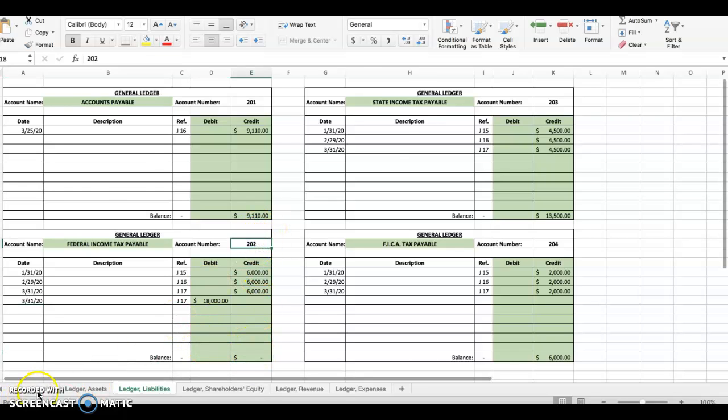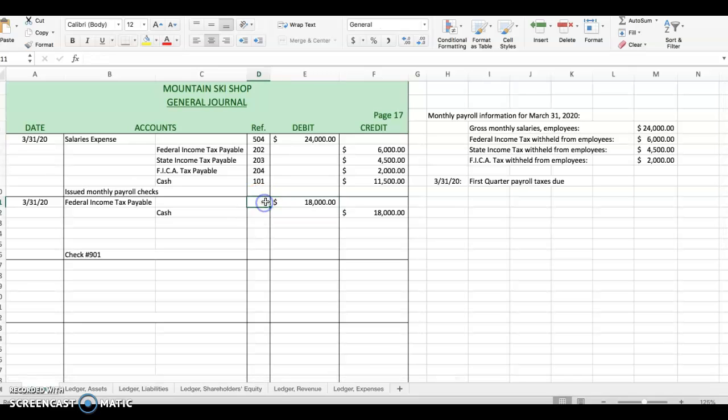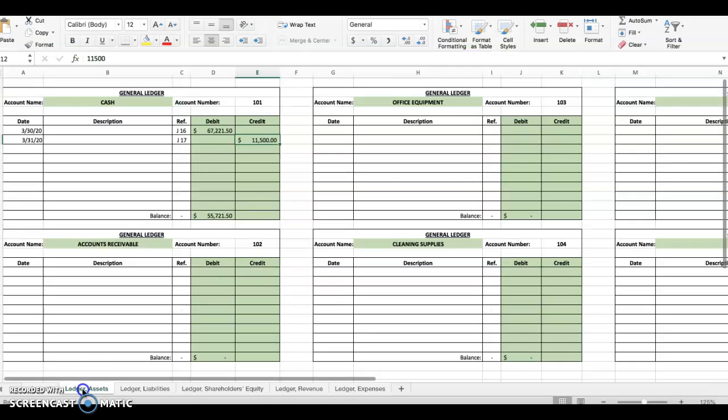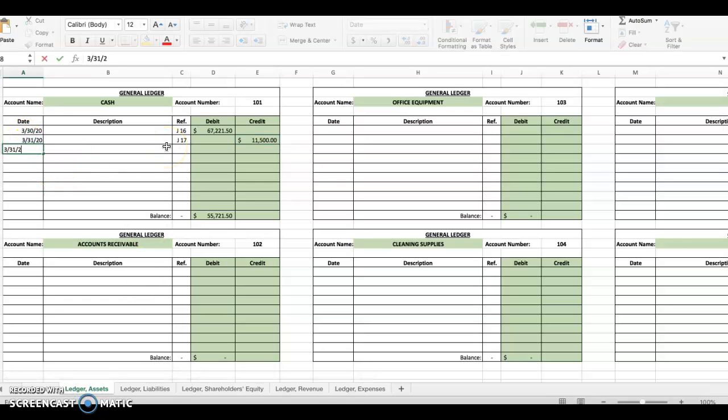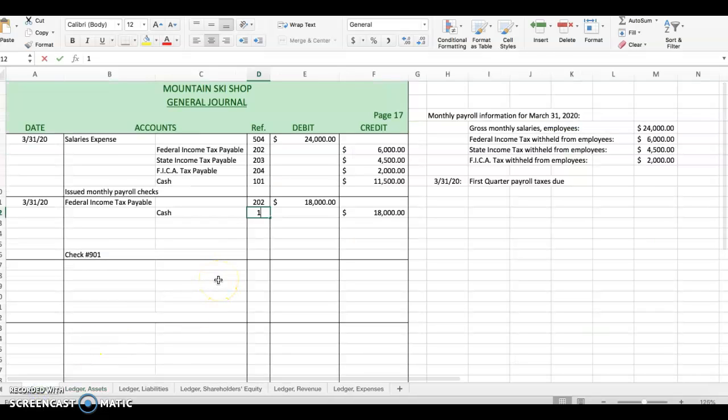Account 202, back into the journal, and we have to credit cash. We're paying money. Go to cash, the date, the journal page, and a credit of 18,000. We're paying more money. Cash balance goes down again. 101, back into the journal.